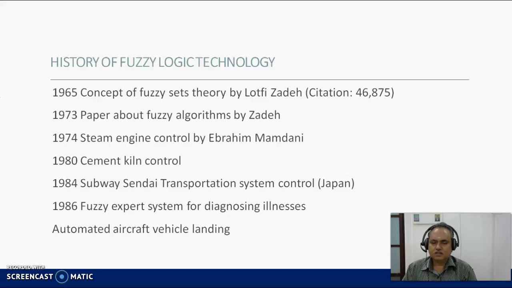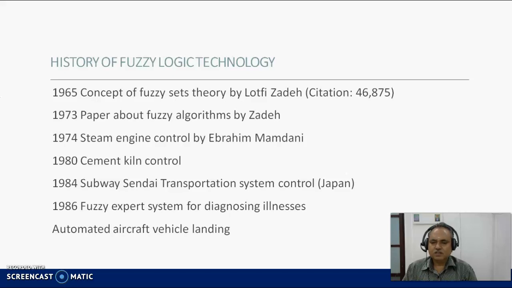An electric train, even today, runs based on fuzzy logic only. There is no driver in the train to control it, so it is purely fuzzy logic based. For more than 25 years it has been working very successfully. It is the best example for application of a fuzzy logic system.